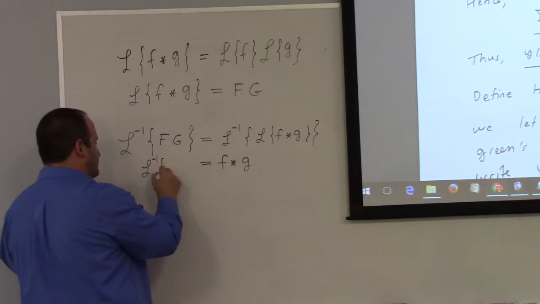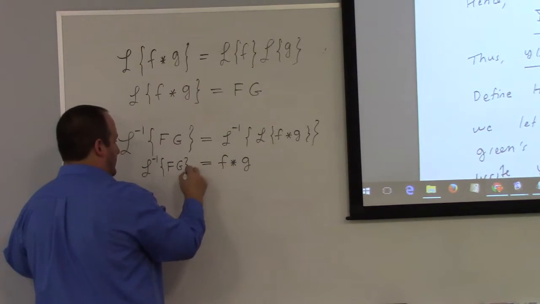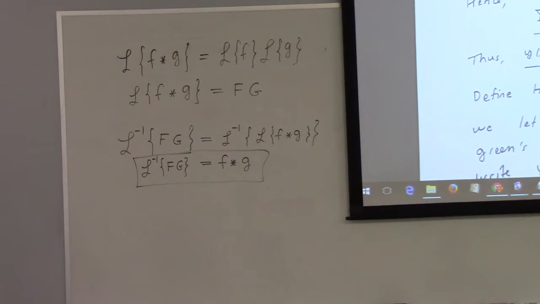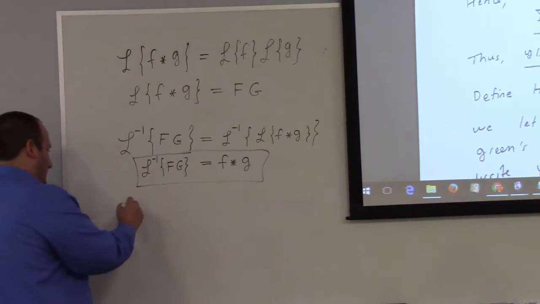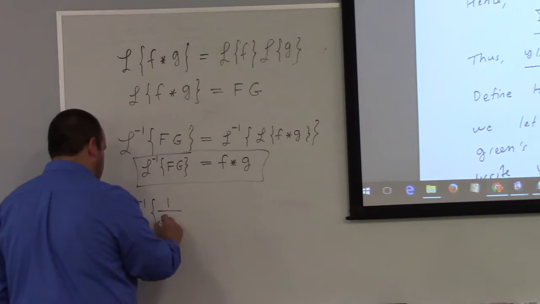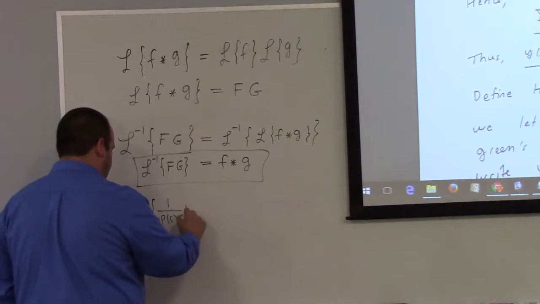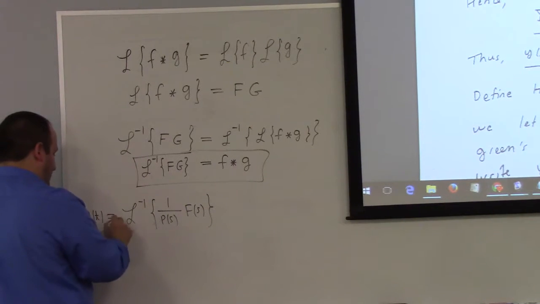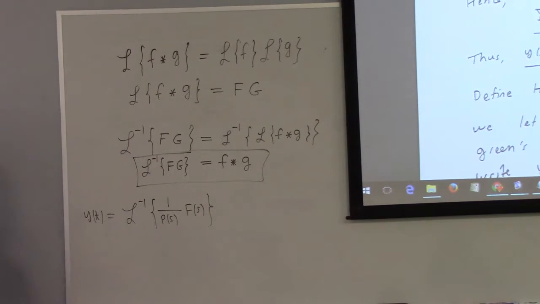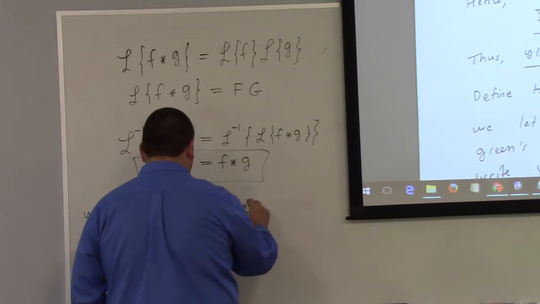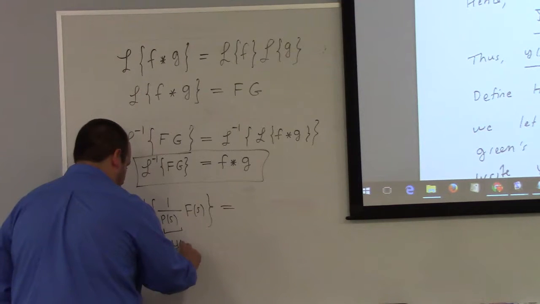The inverse Laplace transform of a product of two functions is the convolution of those functions. That's fantastic. This is why convolution is interesting. So when you look at the inverse Laplace transform of 1 over P of s times F of s, that's the solution to the differential equation we're after.